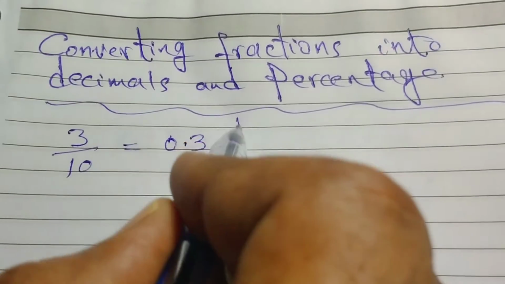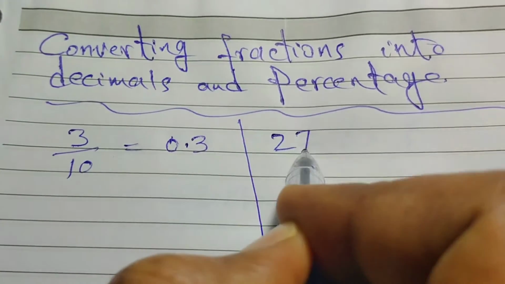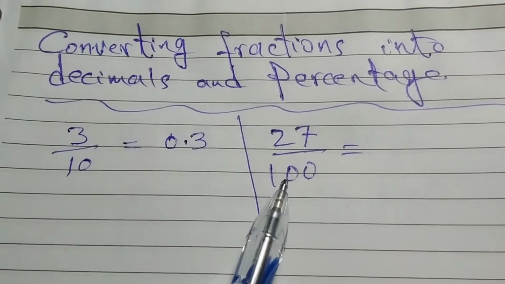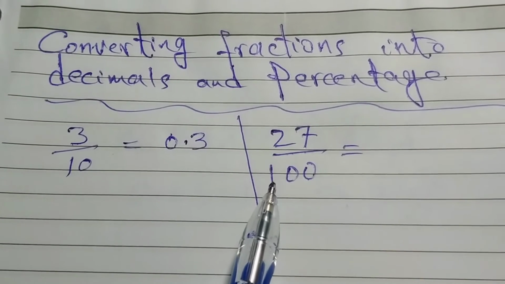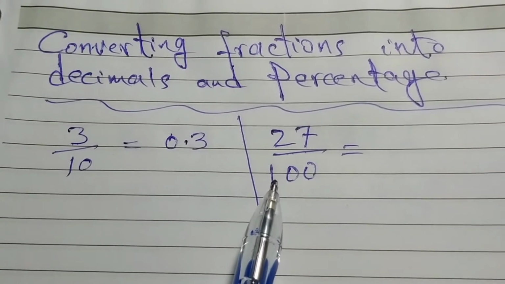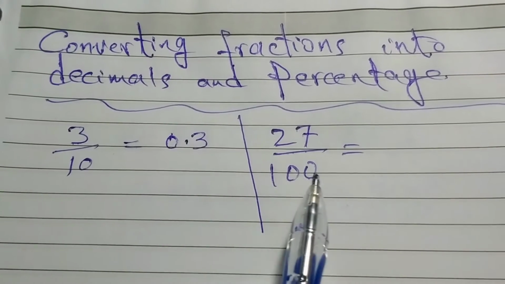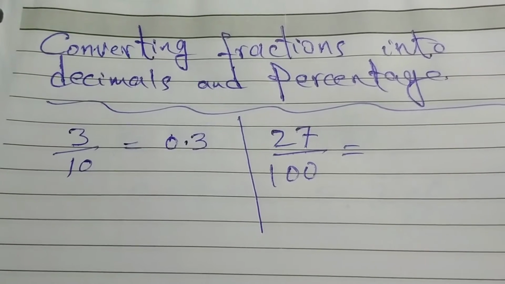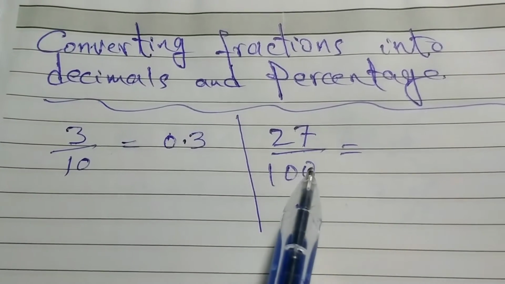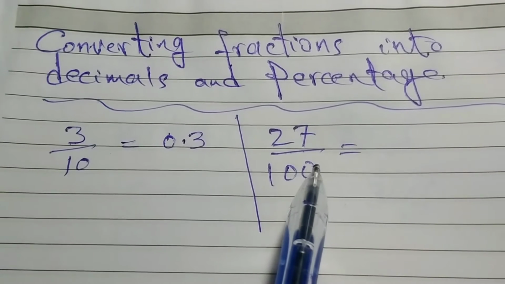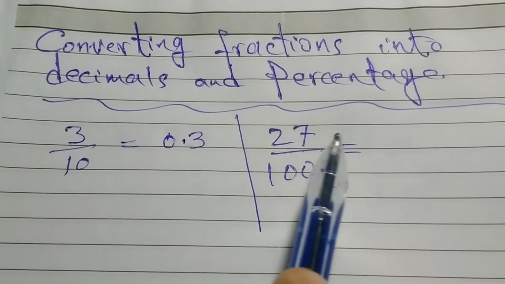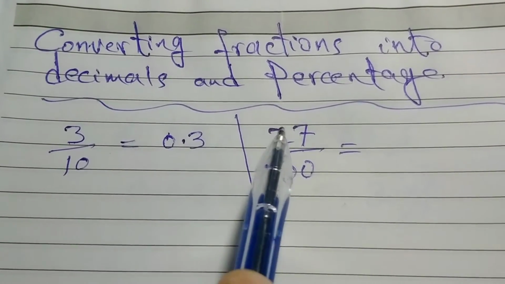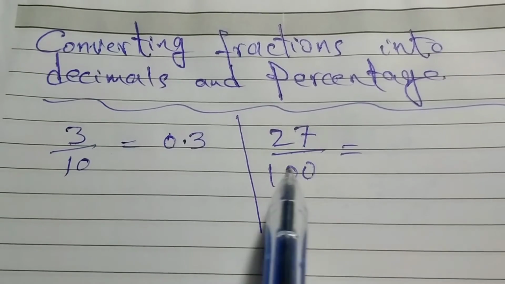Look, one more example. 27 over 100. As I told you, if the denominator is 10, 100, 1000 or 10,000, in this form with 1 and 0s, then no need to divide, no need to do anything. Just see and directly write it as a decimal. So we have 2 zeros.